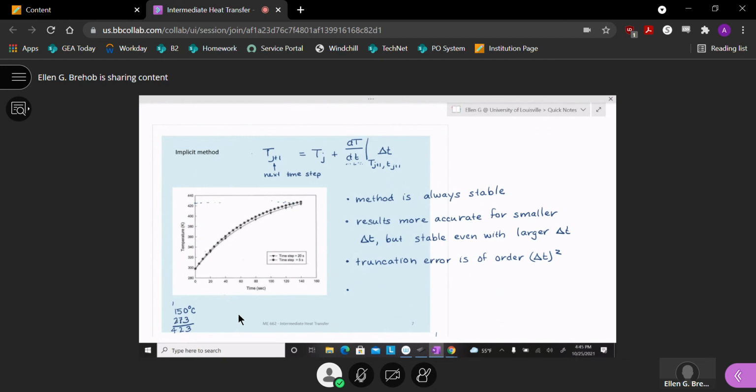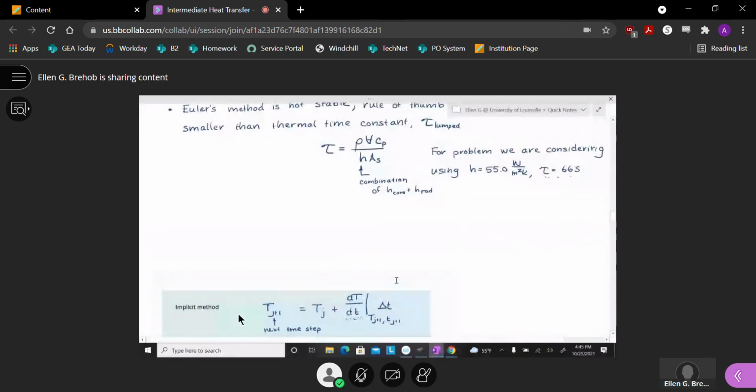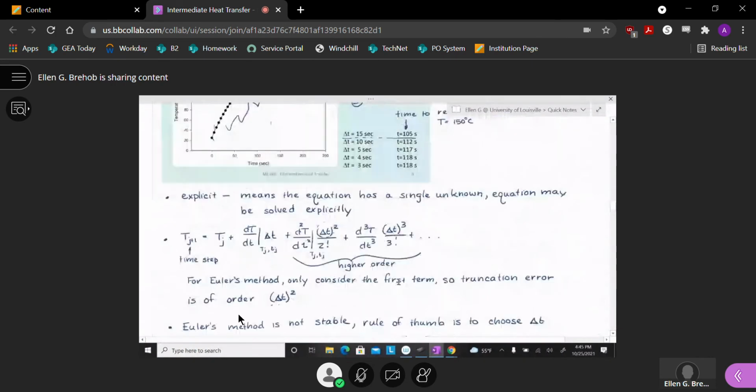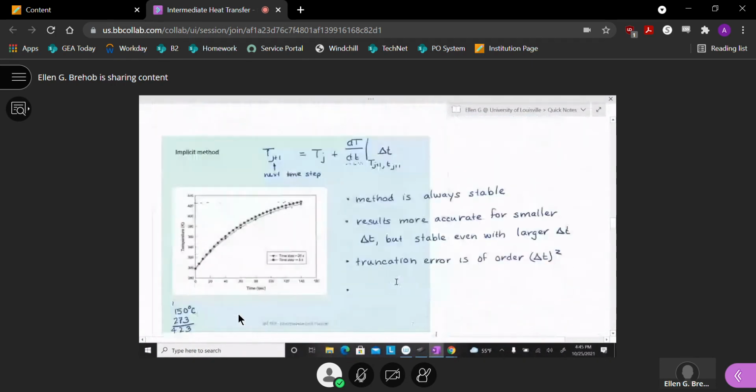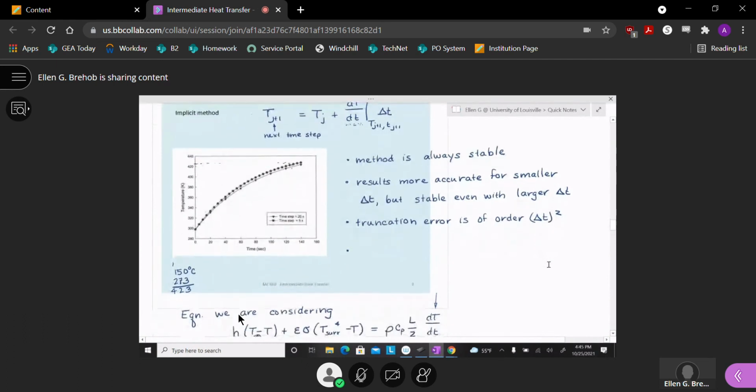All right. What did I have before? 118? Okay. I don't know. It looks like I'm in the ballpark. Looks actually a little bit higher. Okay, but in the ballpark. So to solve for the time to reach 423 Kelvin using the implicit method.